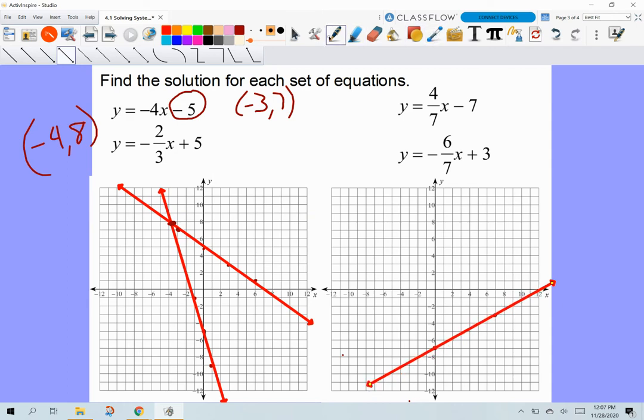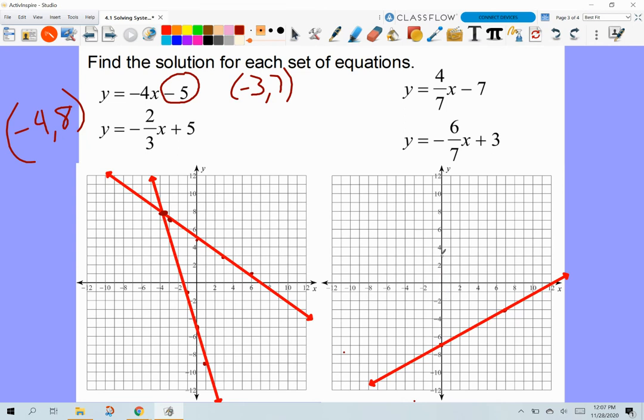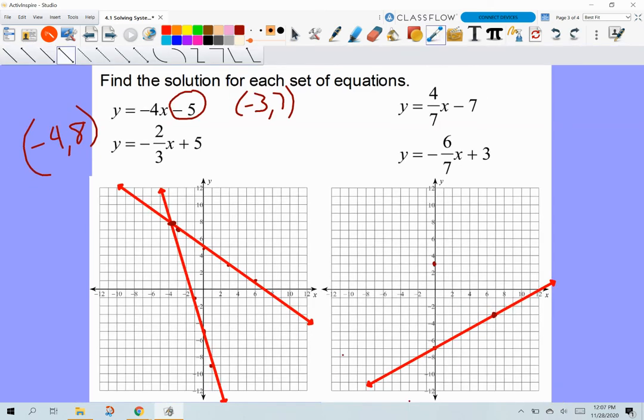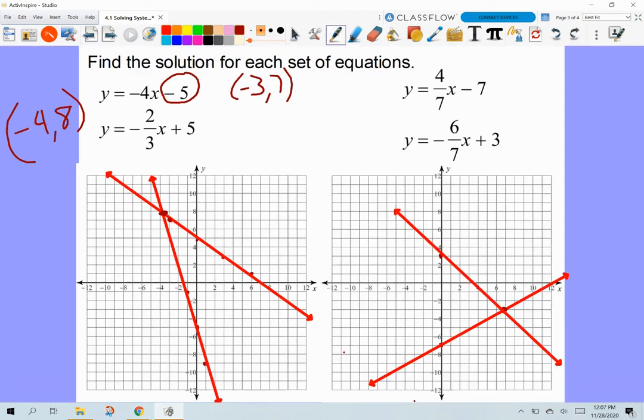And then my second equation starting at positive 3, down 6, 7 to the right. Now that one, if you notice, the point that I just graphed on my second equation was the same as the second point that I graphed on the first equation. So I know that one's 100% dead on. So my solution in this guy is 7, negative 3.